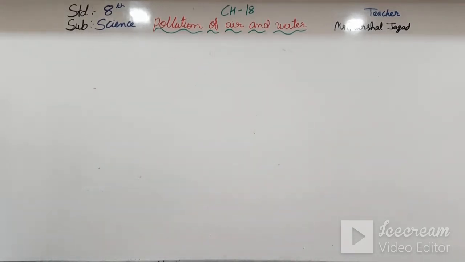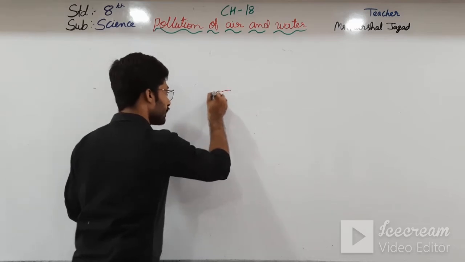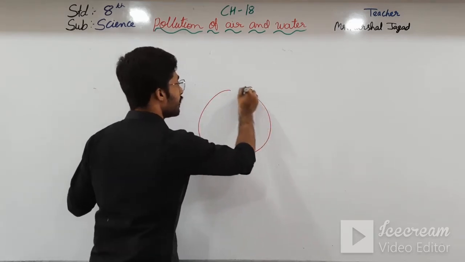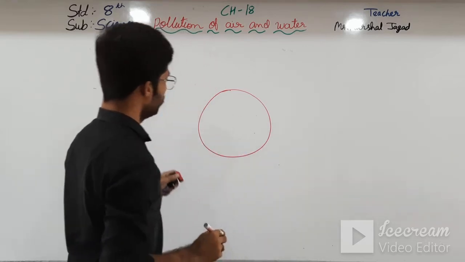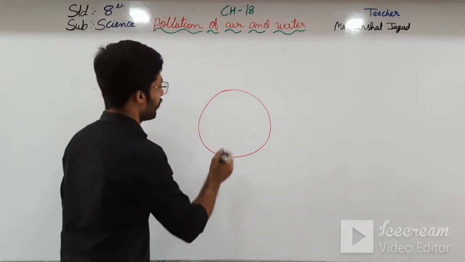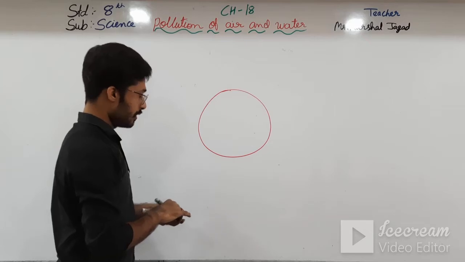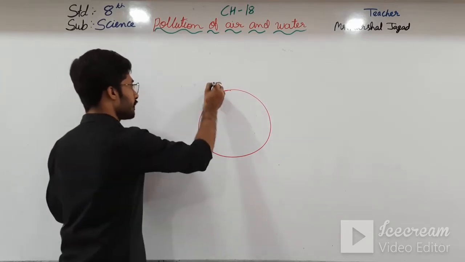Okay students, now depletion of ozone layer. Here if I say this is the earth, and this is the ozone layer.